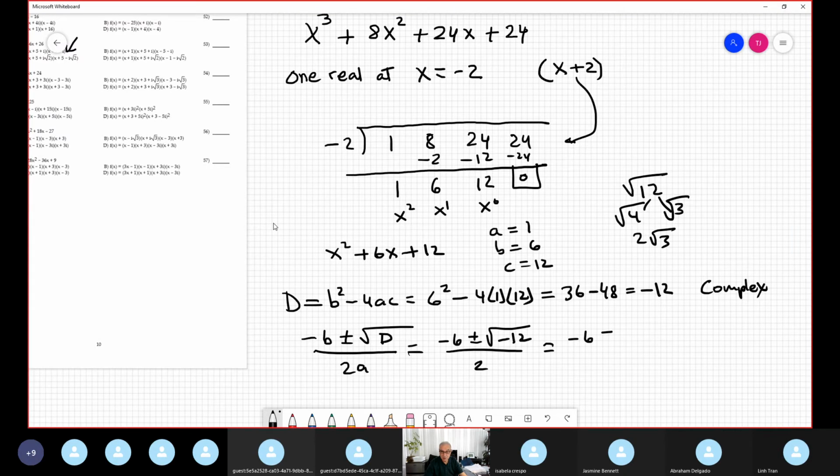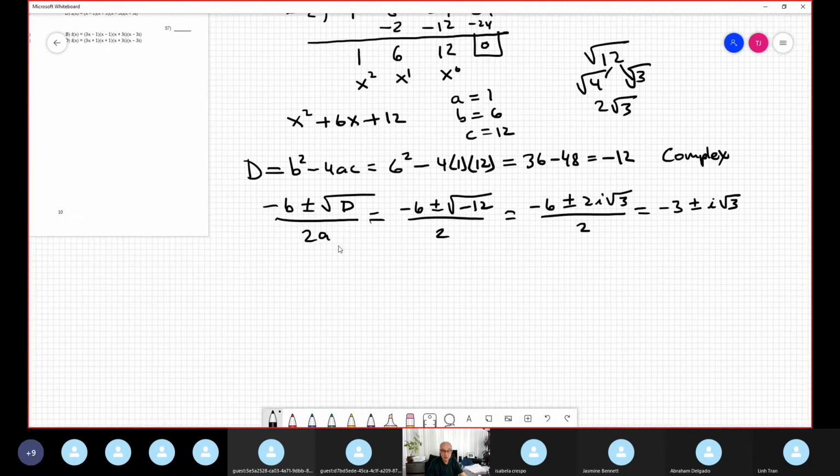Actually, we have minus 6 plus or minus 2 radical 3 i. Don't forget the i part, it's important. 2i radical 3 divided by 2. You split the common denominator, so we have minus 3 plus or minus i radical 3. Beautiful, beautiful.